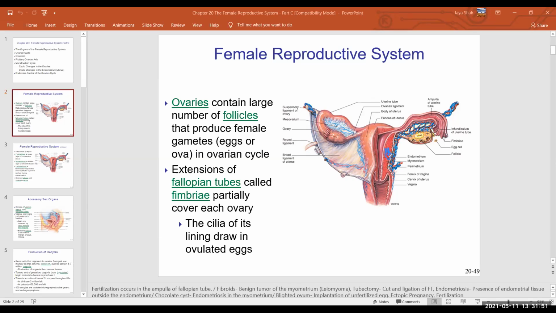When blood becomes a clot, the blood cells become dark and look chocolate colored when you dissect it. That's why endometriosis inside the myometrium is sometimes called chocolate cyst. Many diseases in the human body are characterized with food names, like chocolate cyst. Okay, so everybody got what is chocolate cyst? Chocolate cyst is a kind of endometriosis inside the myometrium, which is the most common type of endometriosis.